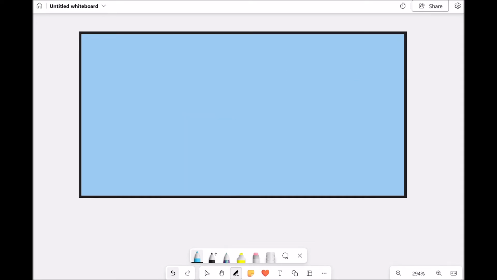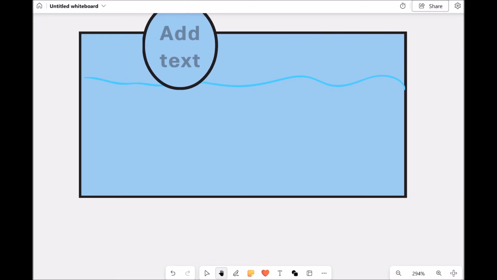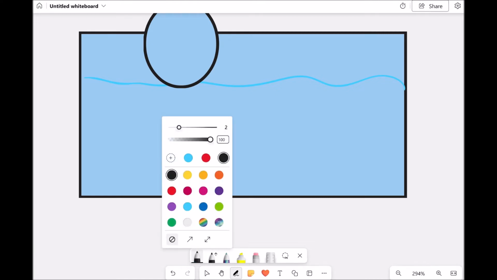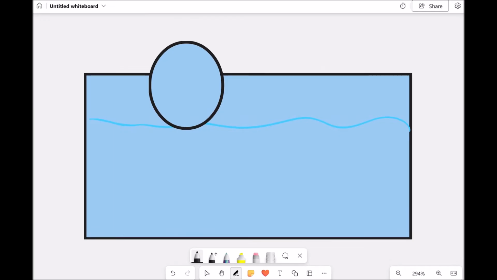Let's say you have water here, and then you have an object here which is floating in the water.